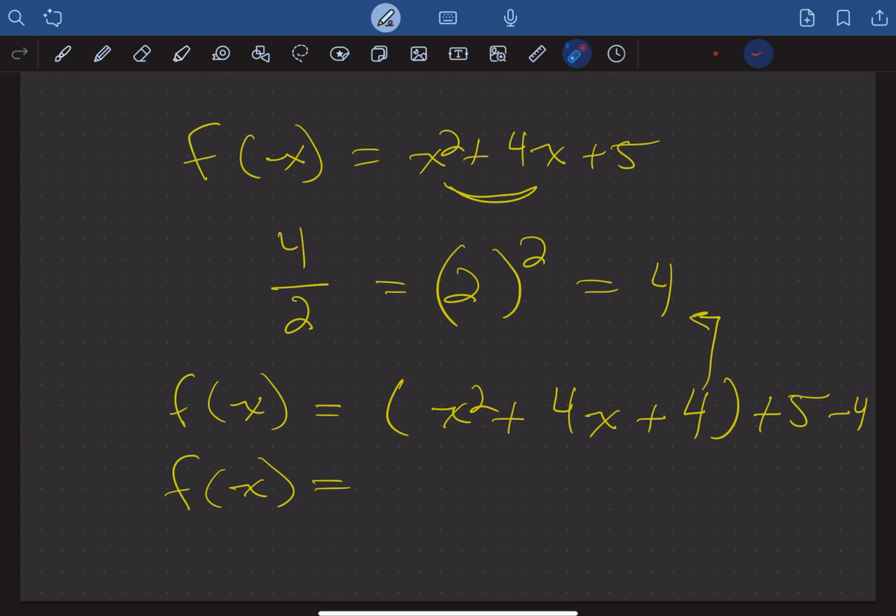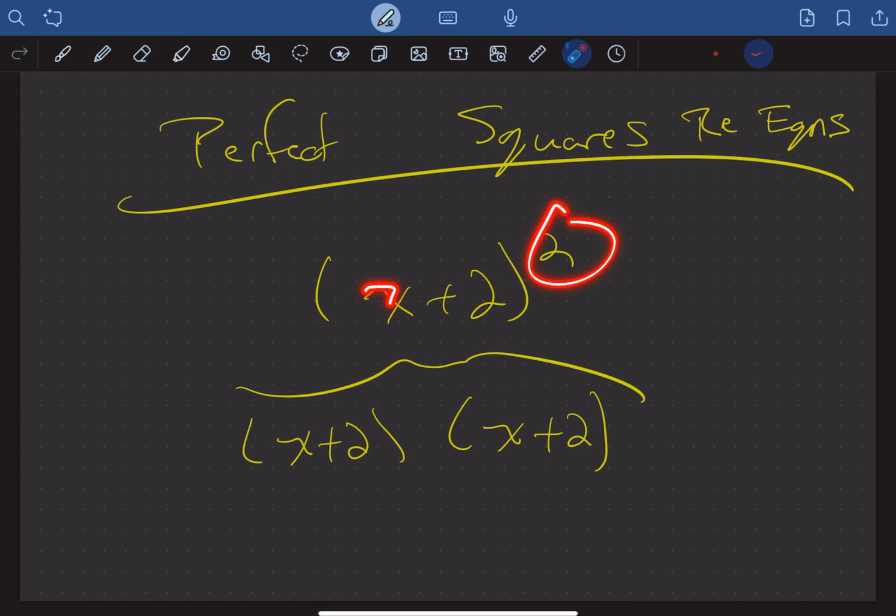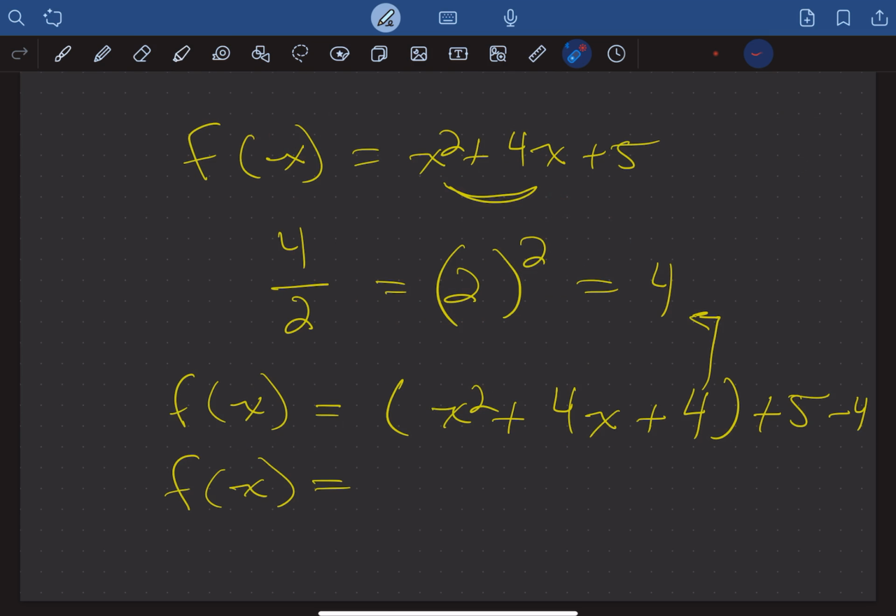We set them up in such a way that we can have an expression, right? A perfect square is an expression that can be written as the square of a binomial. Anything over 2 terms would be classified as a polynomial. But here, we want to write this as a perfect square, which is, again, an expression that can be written as the square of a binomial.